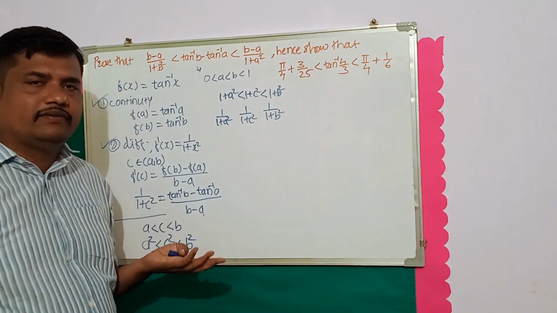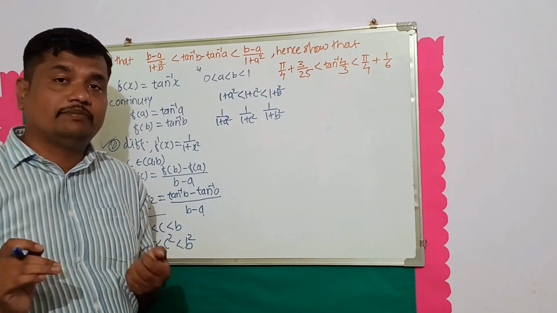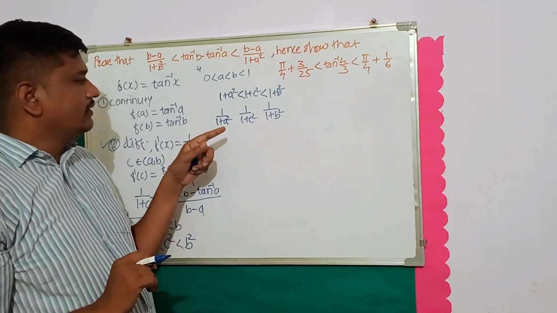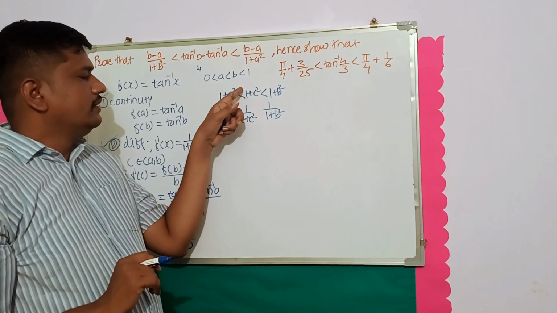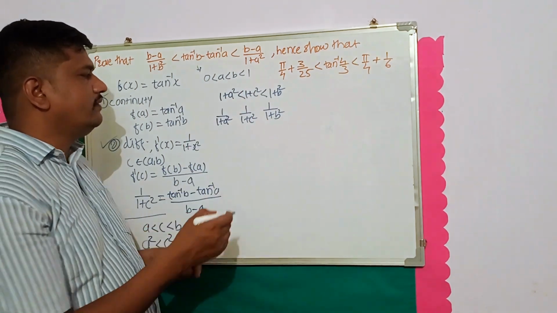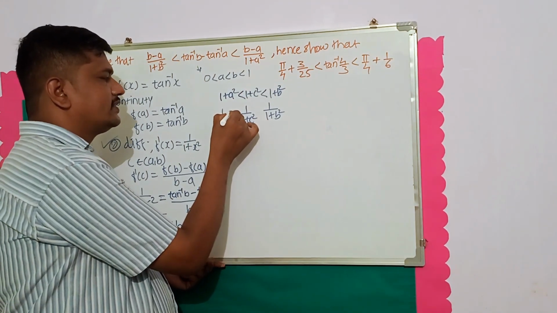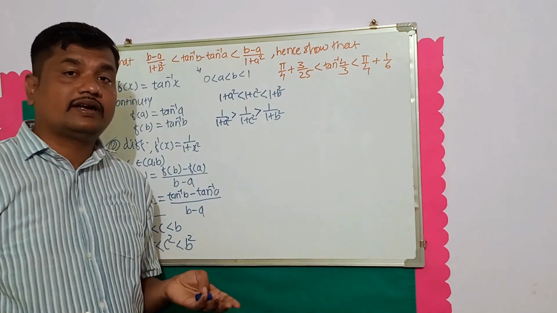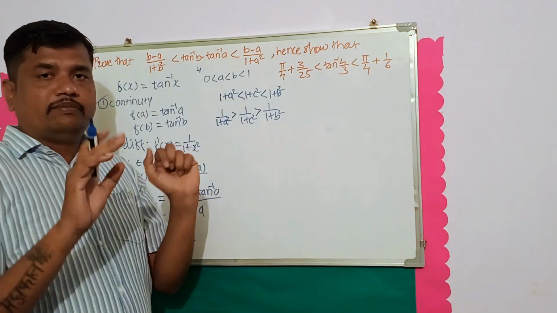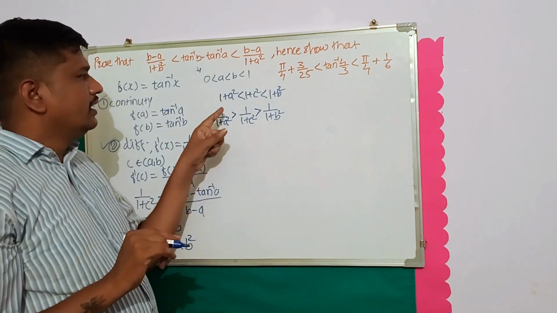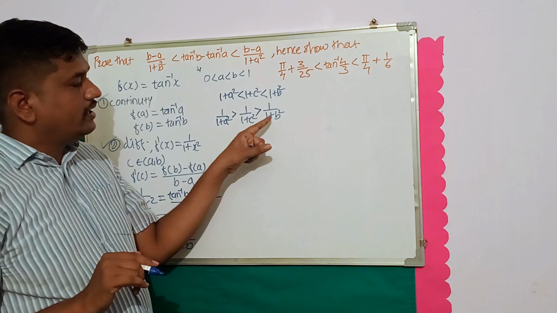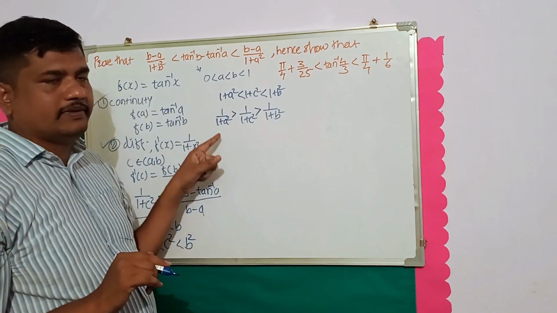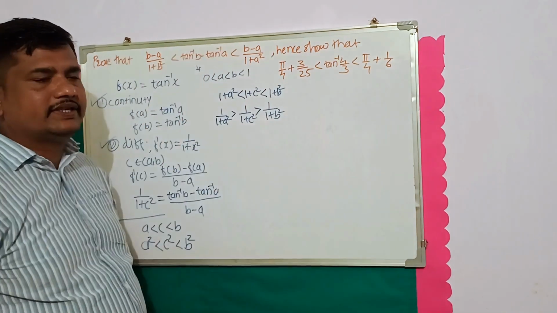If I take the inverse of these three numbers, which are positive numbers, definitely the inequality sign will change. It will change its direction. Whatever the number, the bigger number comes on the denominator, the whole number will become smaller. So the inequality sign will change.